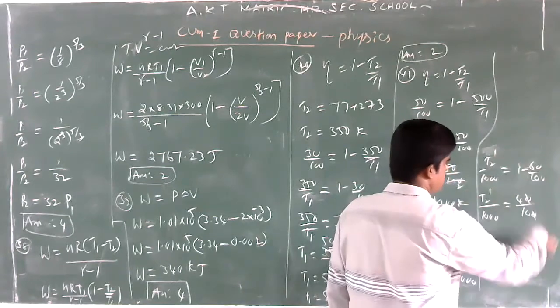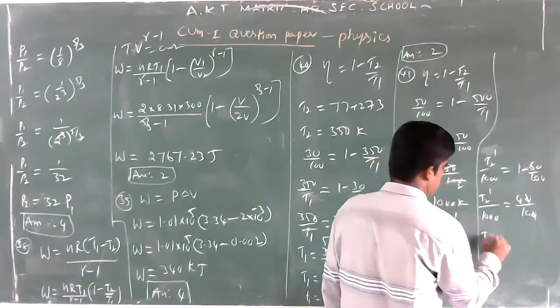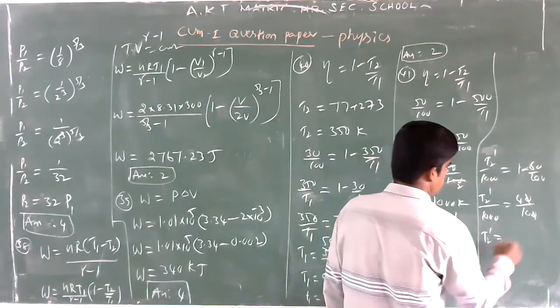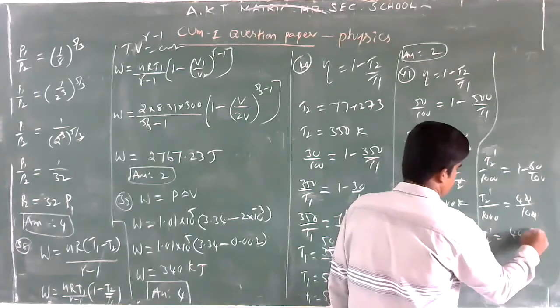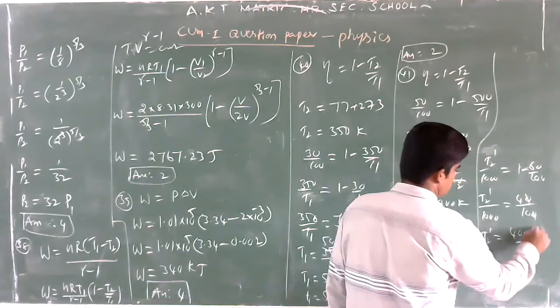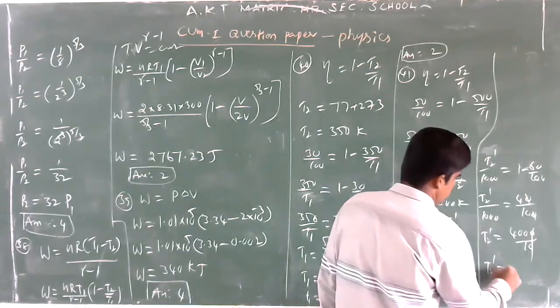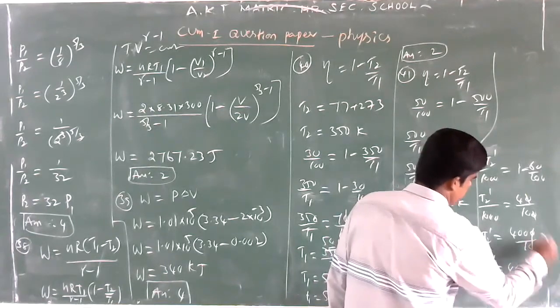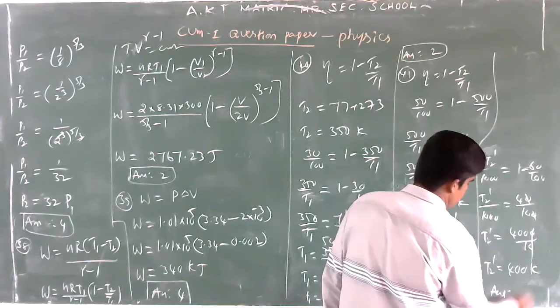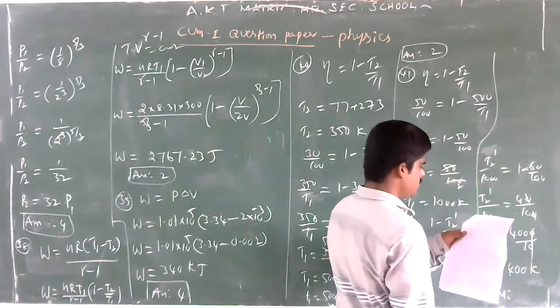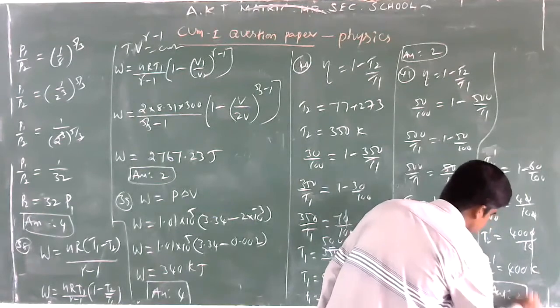Cross multiplication: T2 dash is equal to 4000 by 10, so T2 dash is equal to 400 Kelvin. So which option is correct for 41? The second option is correct.